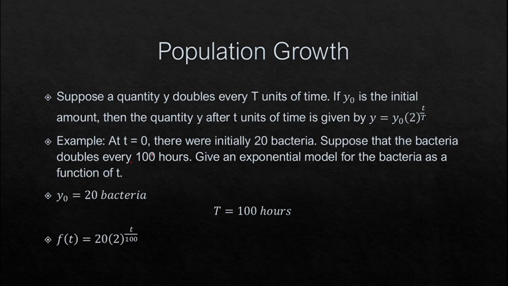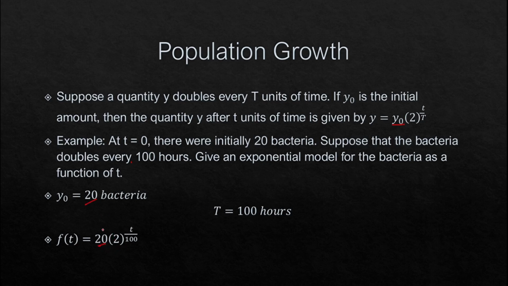Example: at t equals 0, there were initially 20 bacteria. Suppose that the bacteria doubles every 100 hours. Give an exponential model for the bacteria as a function of t. Since initially there are 20 bacteria, and the time it takes for the bacteria to double is 100 hours, replace capital T with 100 and the initial y sub 0 with 20 bacteria.